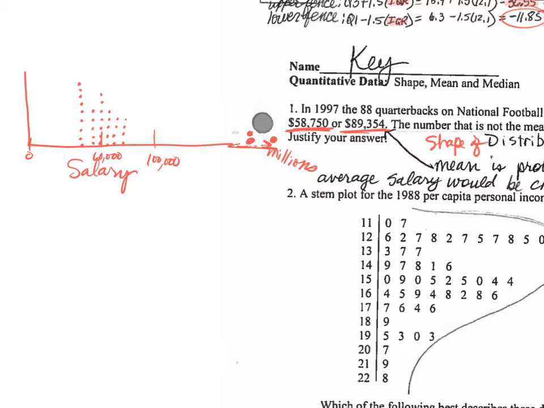So if you've got salaries that are upper outliers, then the shape I have is what shape? That shape is skewed right. That is the key to knowing the relationship between your mean and your median.